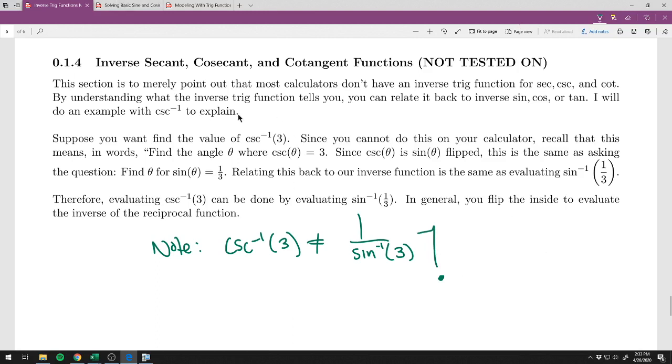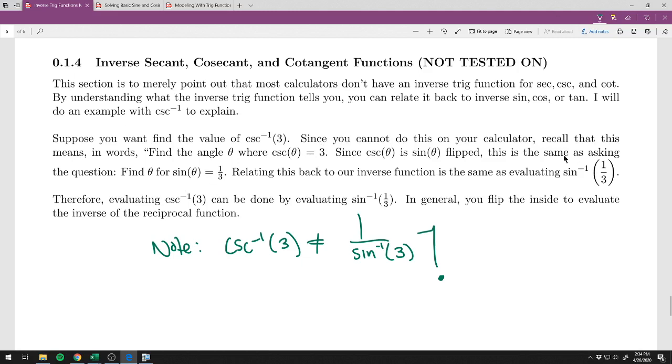But in words, what this means, cosecant inverse of 3, means find the angle theta where cosecant of theta equals 3. The same idea applies for all 6 of our trig functions and their inverses. The interpretation is the same. Since cosecant of theta is sine theta flipped, this is the same as asking the question, find theta for sine of theta equals 1/3, because we flip the 3 and we get 1/3.